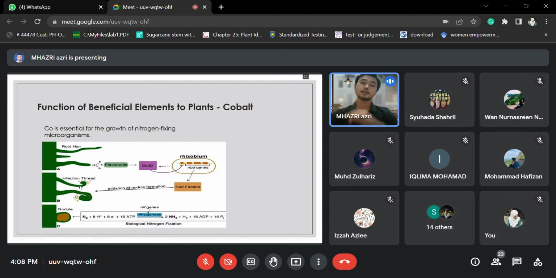Okay, first tadi pokok dia nak bercakap atau pokok nak berkomunikasi dengan rhizobiums ni, dia akan hasilkan chemical, dia hasilkan flavonoid. Okay, sebagai mechanisms of how rhizobiums tell the plants that they are nearby, the rhizobiums will secrete nod factor, okay, in the form of lipochitooligosaccharide, LCO, okay, like lipochitooligosaccharide.